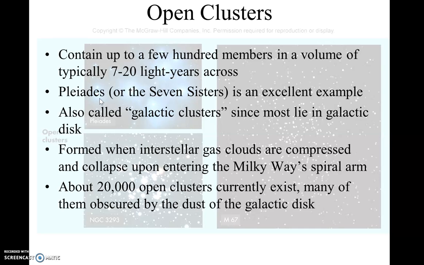There's actually a car company that uses the symbol of the Seven Sisters, so there's 7 stars on the front of this car. It's Japanese for the Pleiades, and that car company is Subaru, right?